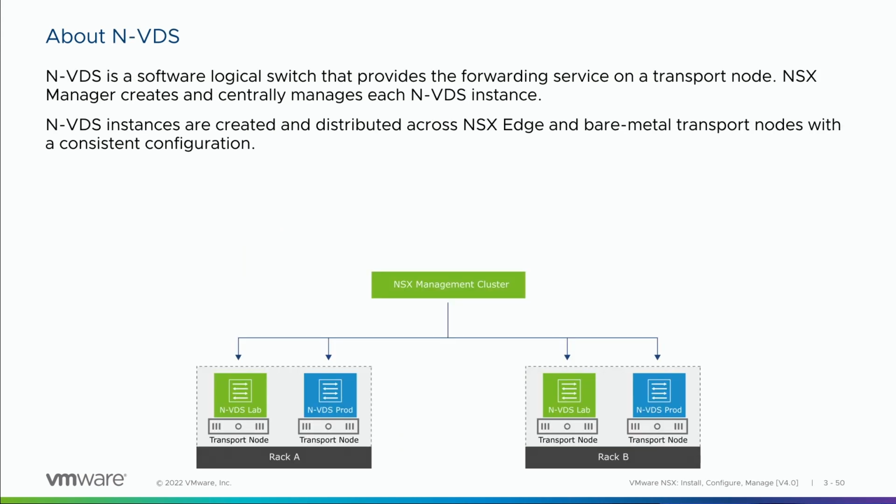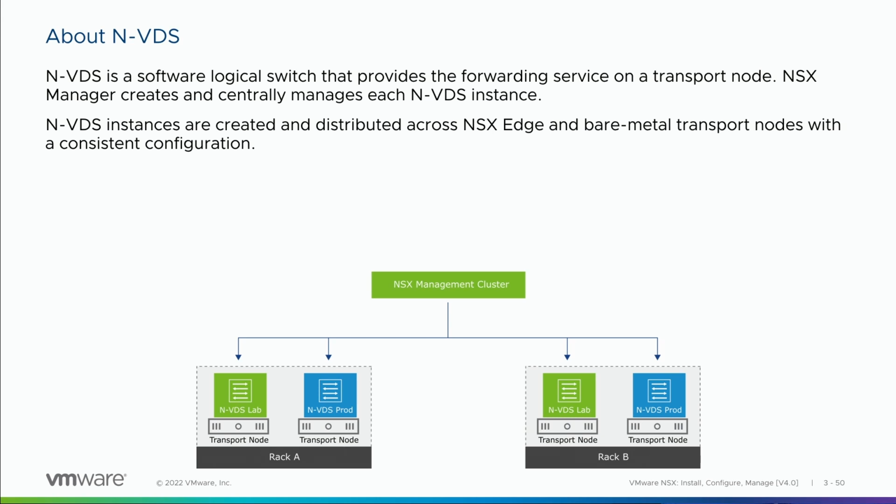Now, the NVDS or NSX virtual distributed switch is a host switch construct that we're going to use on bare metal servers and on our NSX edge transport nodes. And we're going to use this on those different transport node types because, simply put, there's no vSphere distributed switch on those.